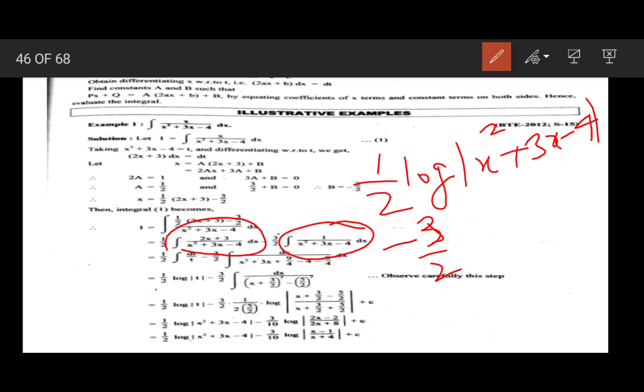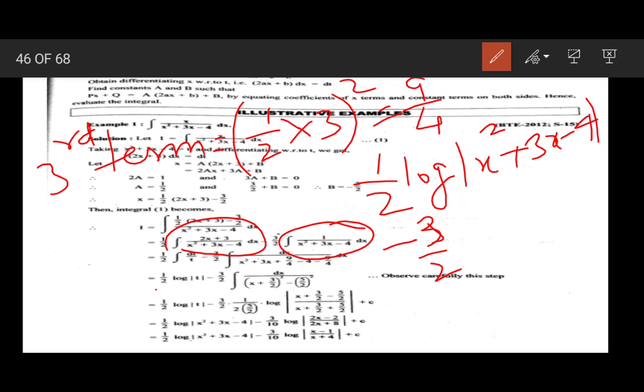Then here we have to use the third term method. So third term is half into coefficient of x. Coefficient of x is 3, whole square. So that means 9 upon 4. So I am adding and subtracting 9 upon 4. Okay.